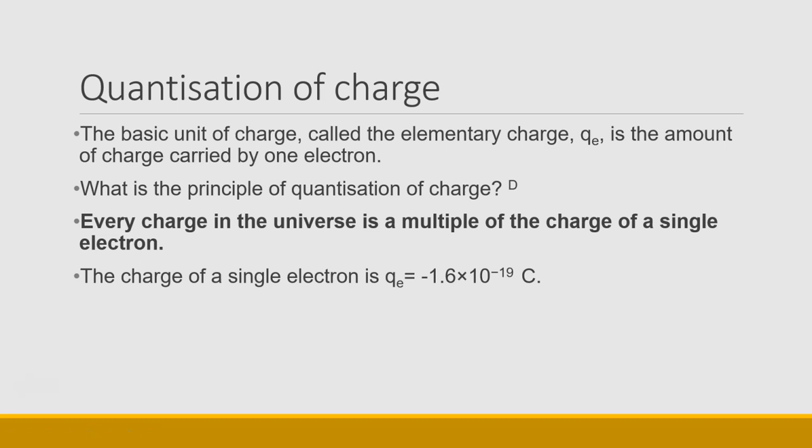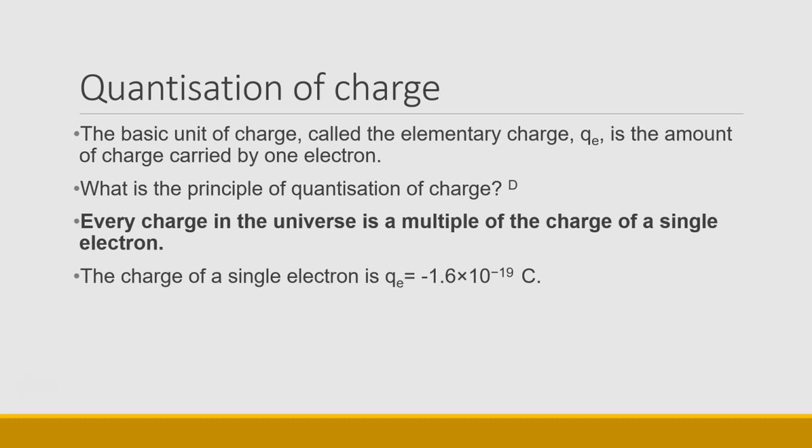So if I have a conducting material and it is made up of 1,000,000,000,000 electrons and 1,000,000,000,000 protons, then the net charge of that material is 0 coulombs, because the number of electrons is balanced out by the number of protons.